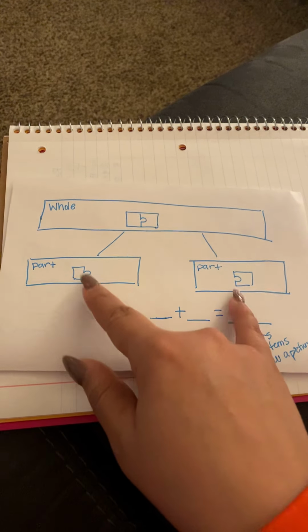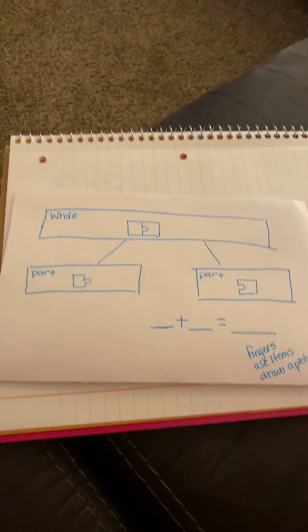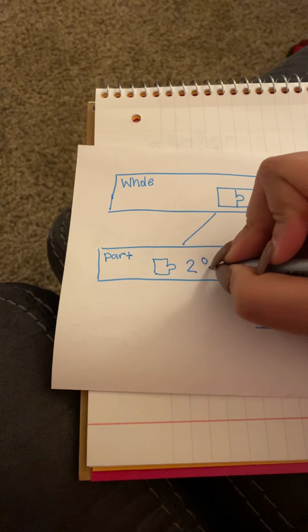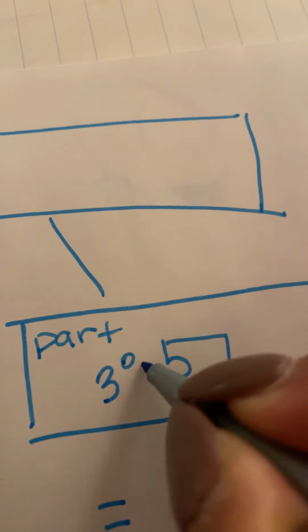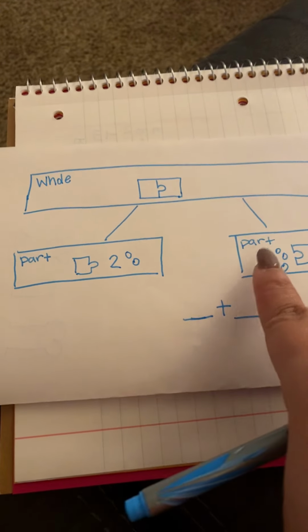So if we were to use these as numbers and not puzzle pieces, we could say, if one part is 2, maybe I'll draw 2 circles. And one part is 3, I draw 3 circles. I need to take those and put them together. Part, whole.